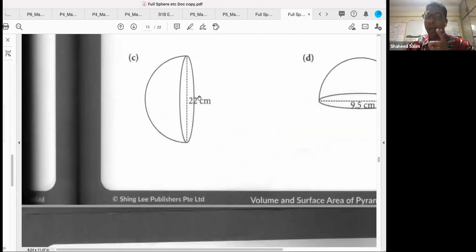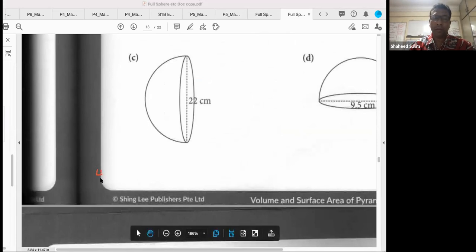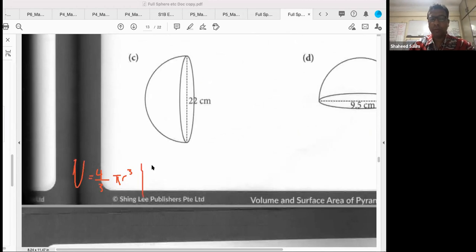Your formulas are all dealing with R. This is D, the diameter. Again, if you forget the formula, I'm giving only the formula for the sphere. You have to divide it on your own.